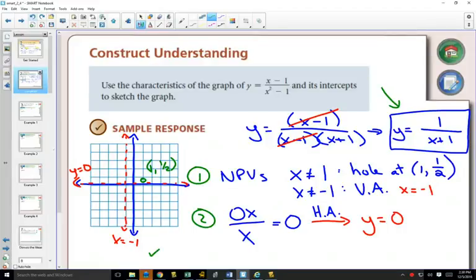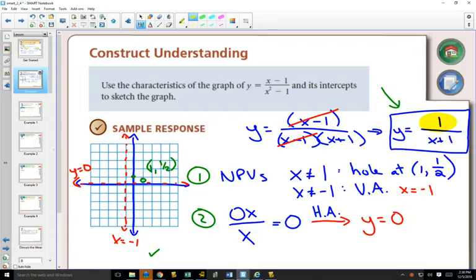We can now figure out, what are our x-intercepts and y-intercepts? For our y-intercept, plug in 0 for x. Can you see that if you have -1 over -1, you're going to have a y-intercept at 1. For our x-intercepts, your x-intercepts are when your numerator is equal to 0.